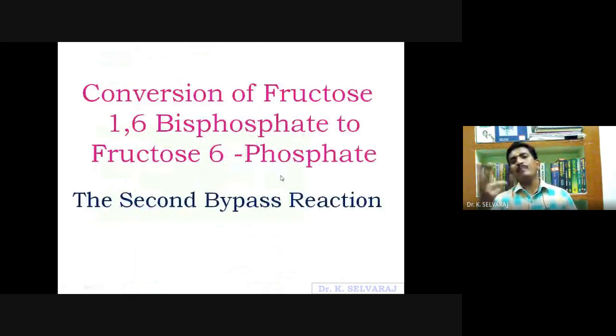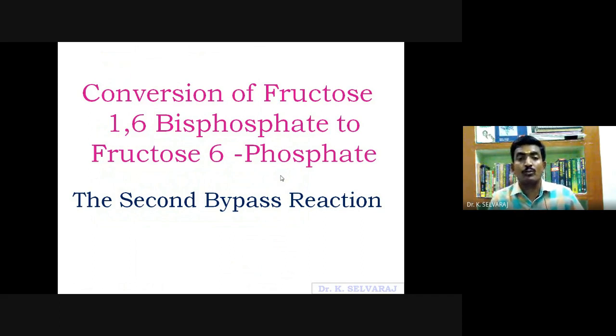Now we see the second bypass reaction of the glycolysis process, the conversion of fructose 1,6-bisphosphate to fructose 6-phosphate. Normally in glycolysis, for the conversion of fructose 6-phosphate to fructose 1,6-bisphosphate, the enzyme phosphofructokinase is involved.